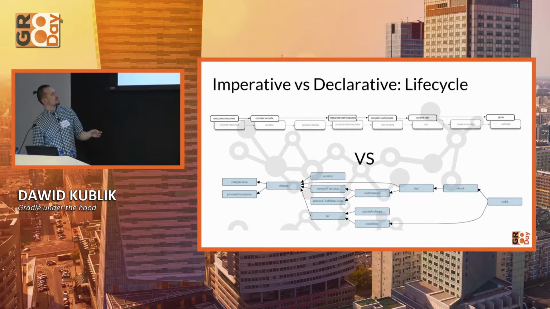Gradle is much more flexible in this area, because in Gradle, everything is built on top of tasks. So actually there is no strict life cycle defined. There are only tasks, and those tasks can depend on each other. From that dependency between the tasks, the life cycle is created. And this is what differs in those two solutions.